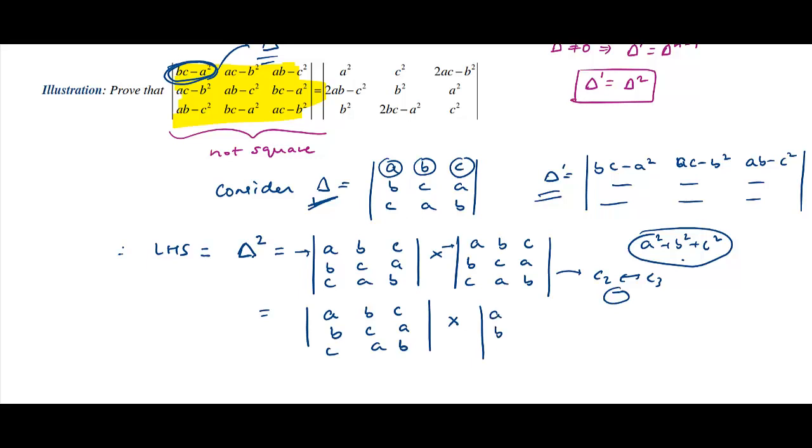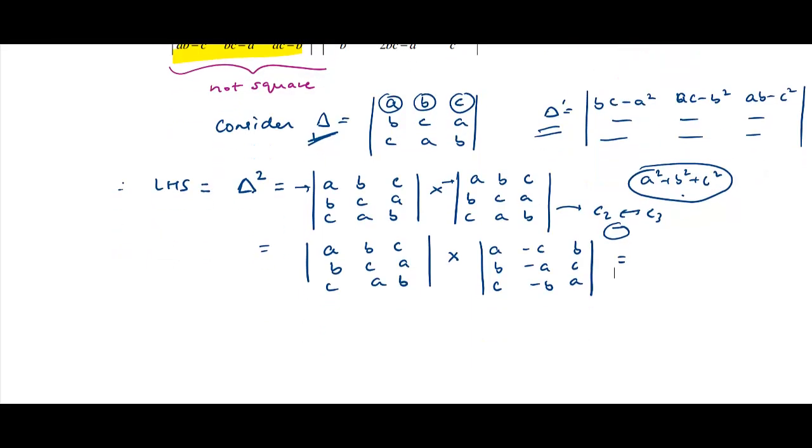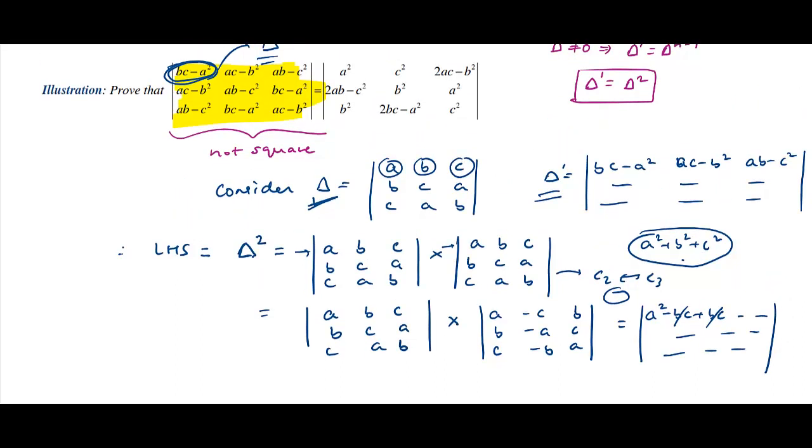So I get A, B, C; minus C, minus A, minus B; B, C, A. And now if you multiply these two, you get A square minus BC plus BC. These two get cancelled out and we get A square, and in the same way you can probably complete the question. Just multiply them and you'll get the right side which was required in the problem.